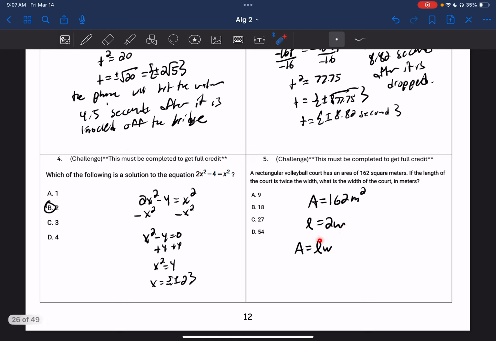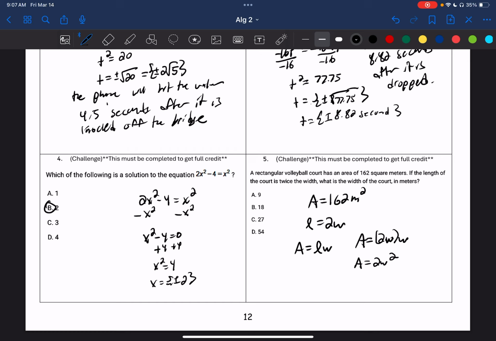So if we substitute in 2W for L, we get A is equal to 2 times W, right? Because that's what L is equal to, times W. Hopefully it's familiar that the area of the rectangle is length times width. And that means that the area is equal to 2W squared, where W is the width.